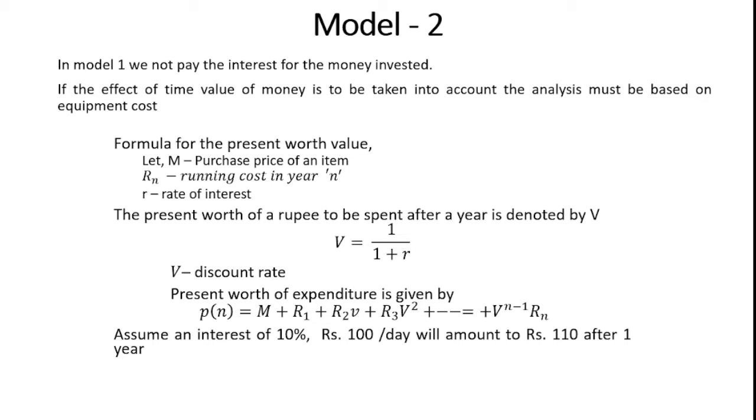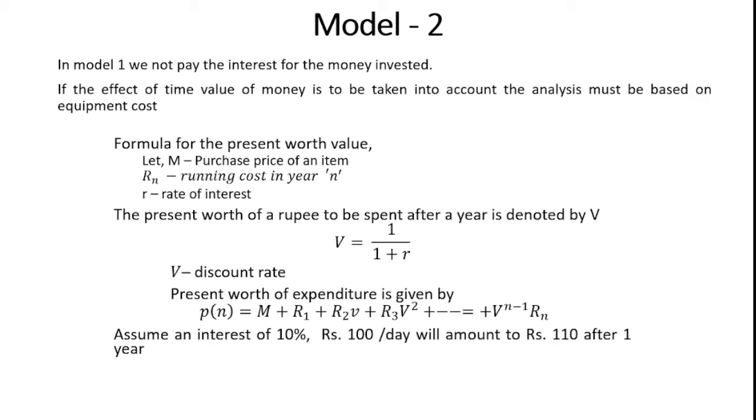Likewise, I can categorize the R values. In the capital V discount rate formula, 1 divided by 1 plus R, what is R? R means the rate of interest. If I assume an interest of 10 percent, rupees 100 today will amount to rupees 110 after 1 year, which is the assumption involved in interest.